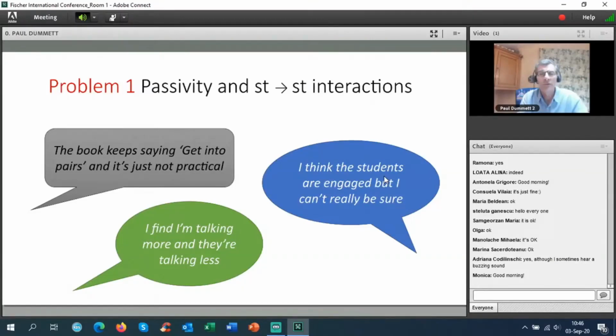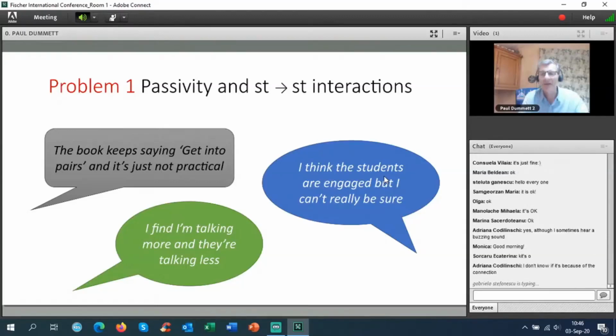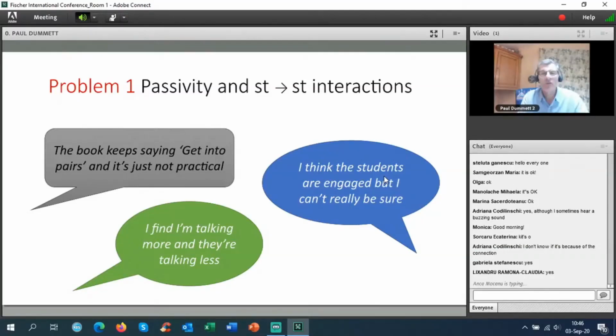As a result, we end up with more teacher-led activity, and consequently the students adopt perhaps a more passive role. So how do we deal with that issue? As perhaps one of the most important issues in online teaching, I've got several solutions for this.